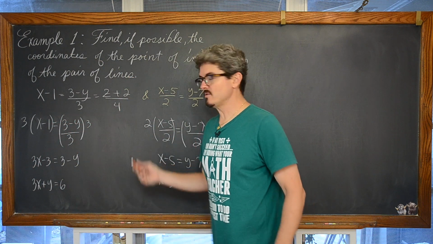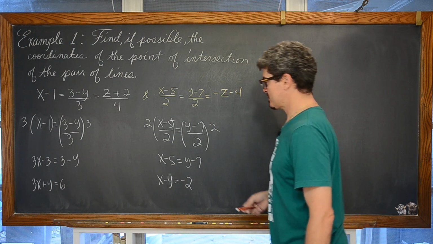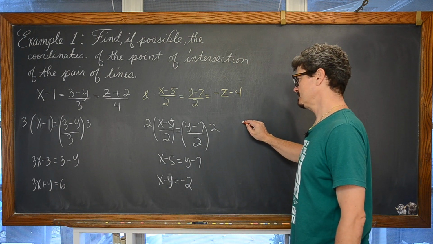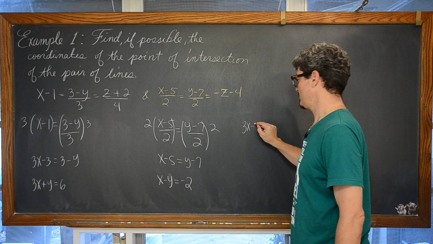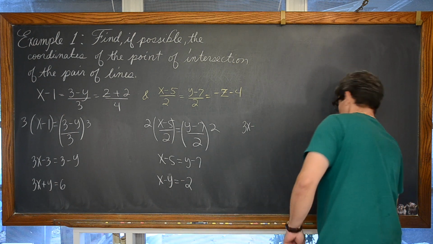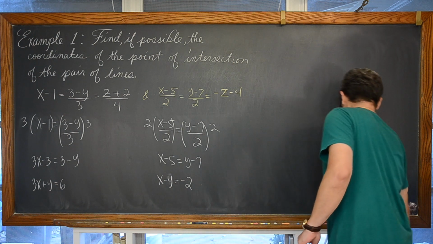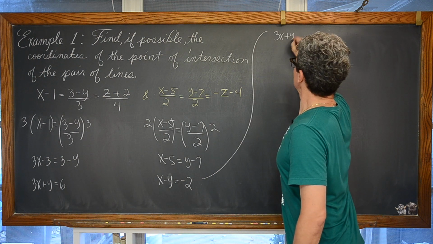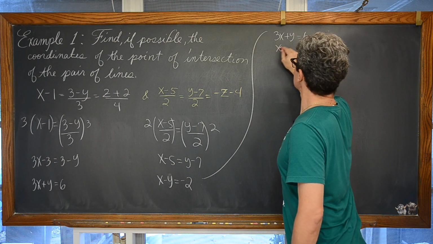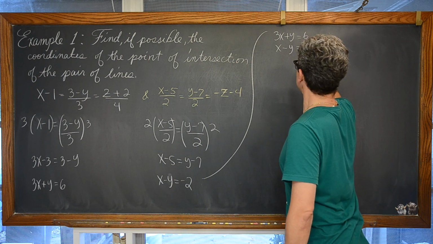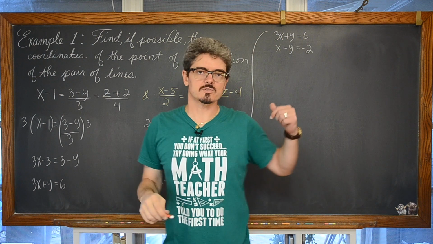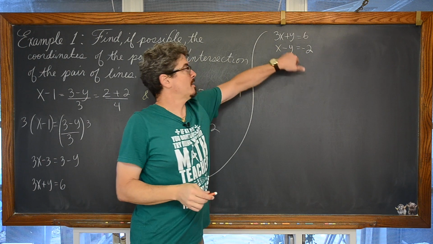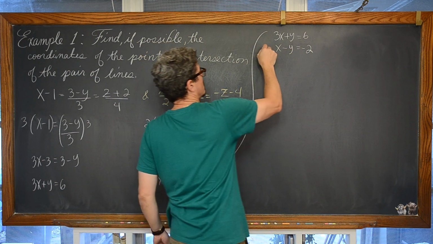And I got a little 2 by 2 system here. So 3x plus y is equal to 6, and x minus y is equal to -2. Well, this is already set up to just do linear combination. You already have opposite coefficients on y.